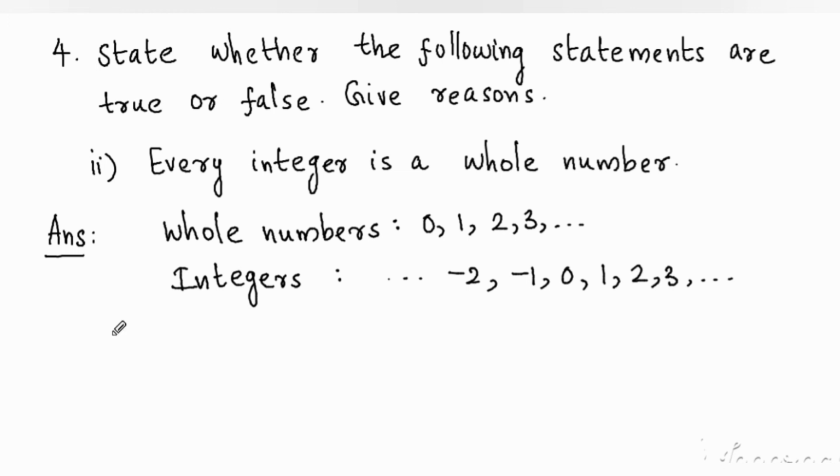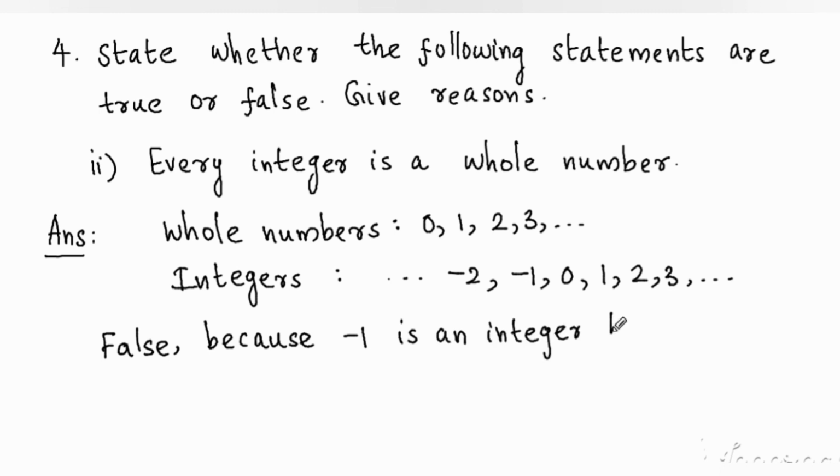You can see there are some integers which are not whole numbers, so this statement is false. For that you can take any negative integer. Because negative 1 is an integer, but that is not a whole number. Okay, so this statement is a false statement.